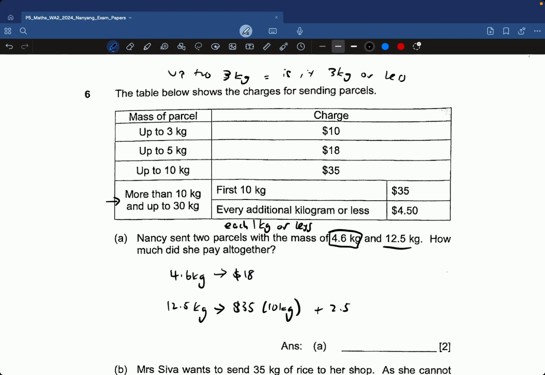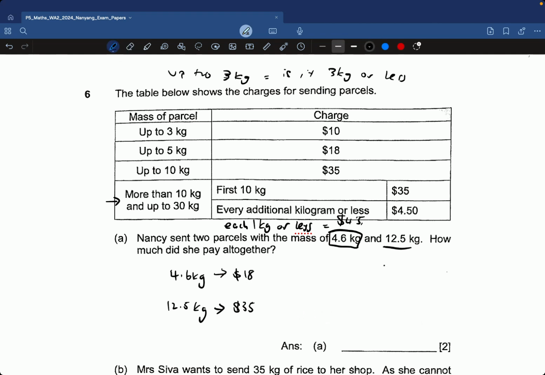Each 1 kilogram or less is equal to $4.50, right? So in 2.5 kg, we need to charge 1 kg, 1 kg, and lastly 0.5 kg. That means we need to multiply it by 3, right? So we need to multiply $4.50 by 3.